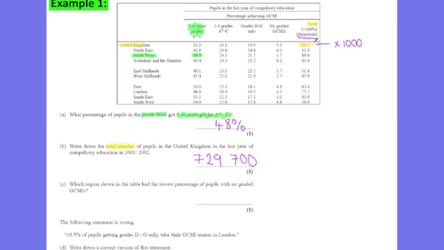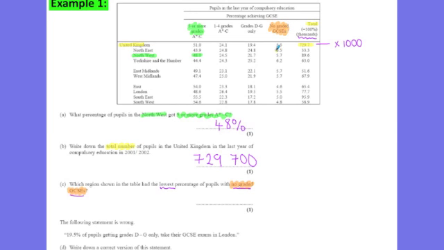We're then asked to identify which region shown in the table had the lowest percentage of pupils with no graded GCSEs. So the column we're interested in is here, no graded GCSEs.